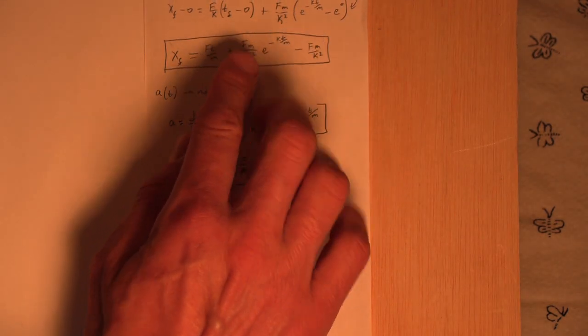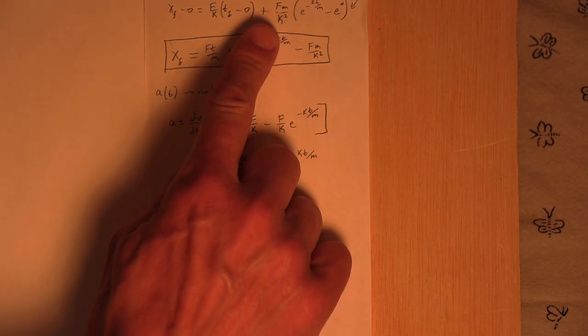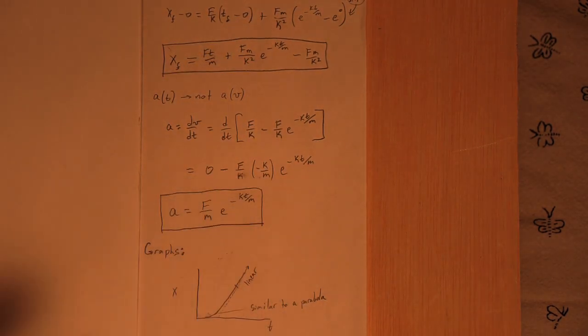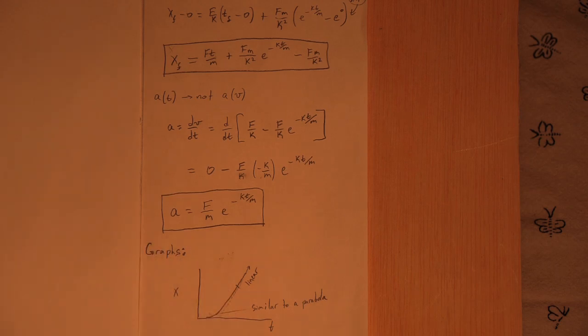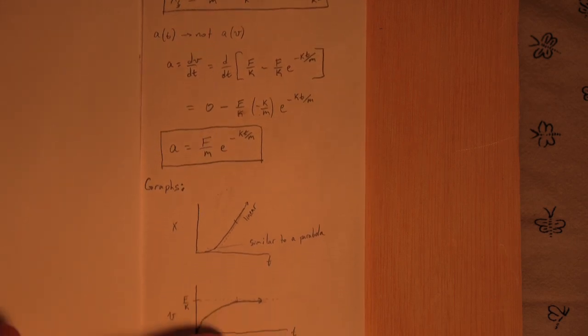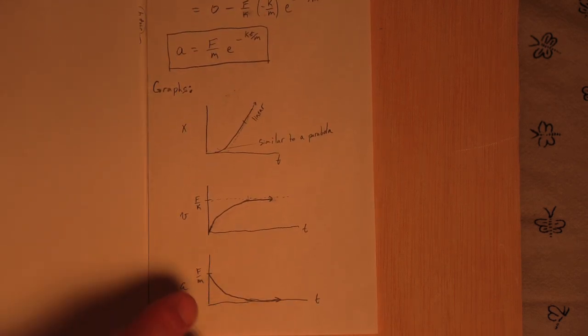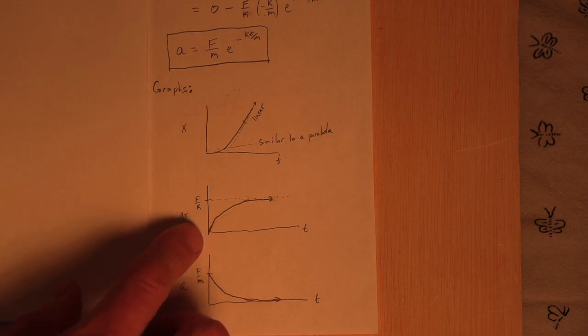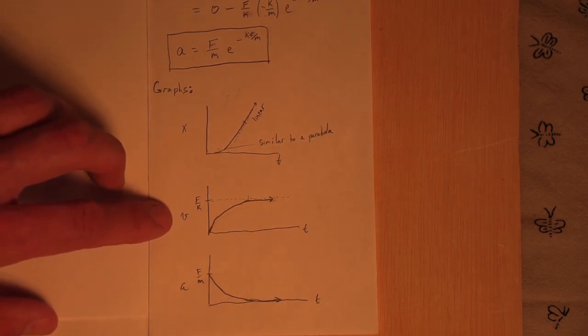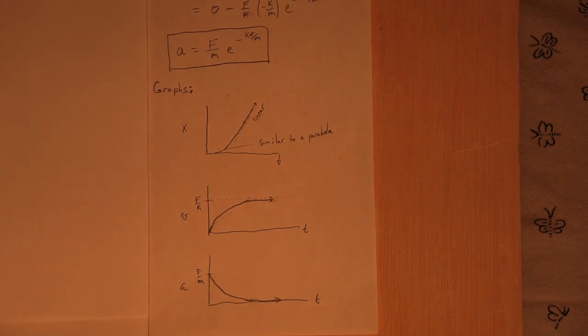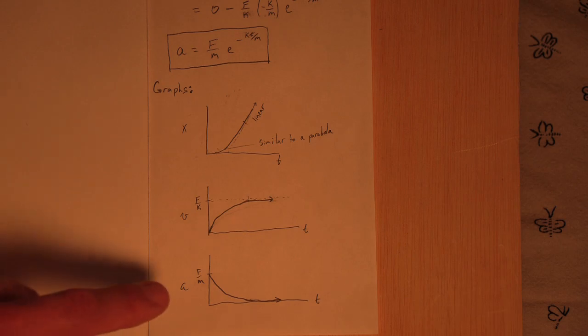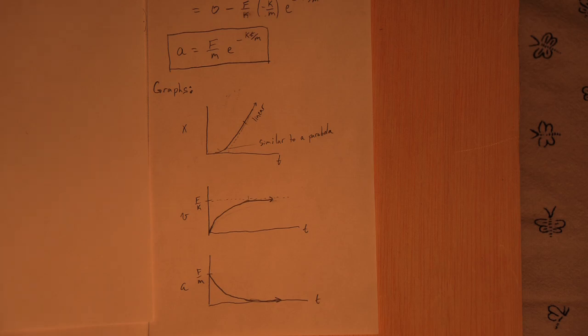So then we have basically a linear function, t to the 1 power. That's the car when it reaches its terminal speed because it's going so fast. The velocity was the 1 minus exponential function, which we saw earlier, and it rises to f over k. And the acceleration decays starting at f over m and decays to 0.